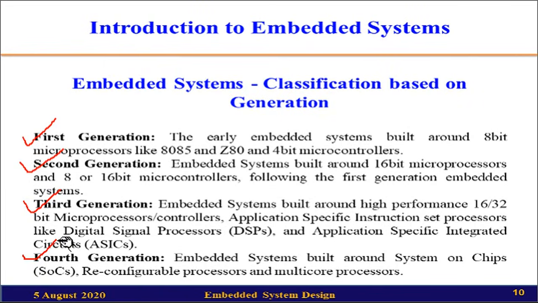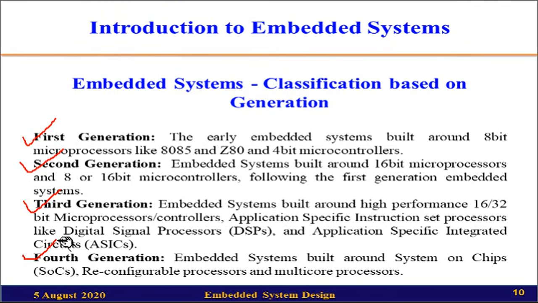And coming to the fourth generation, we have system on chips, reconfigurable processors and multi-core processors. Multi-core processors are the ones in the systems we use with 8 cores, 4 cores. All these are multi-core processors. And reconfigurable processors means you'll be using FPGAs, field programmable gate arrays, and complex programmable logic devices.